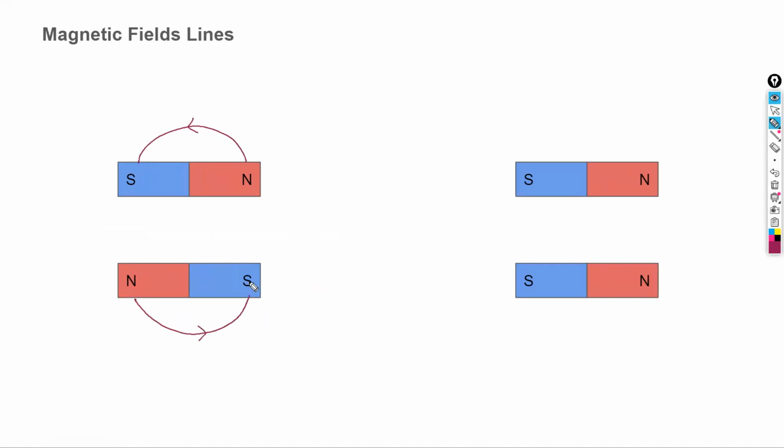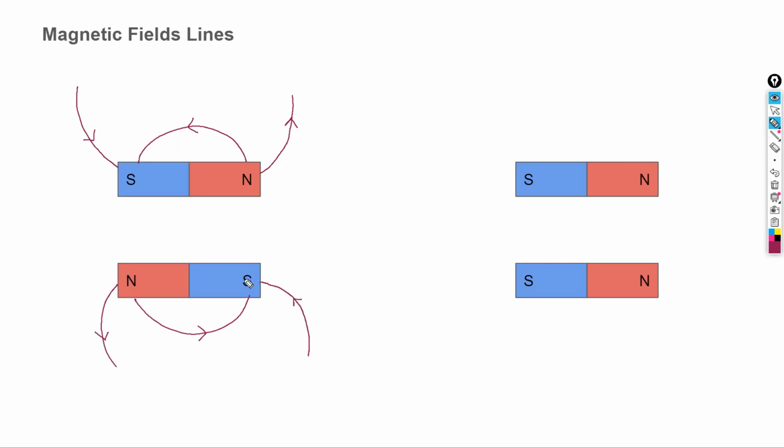North to south, north to south. There must be a big one, a big loop going up, and I'm too lazy to draw the entire loop, so it comes back here. Same thing over here. You can draw a big loop, and of course, pretend you're too lazy and just continue the loop here.